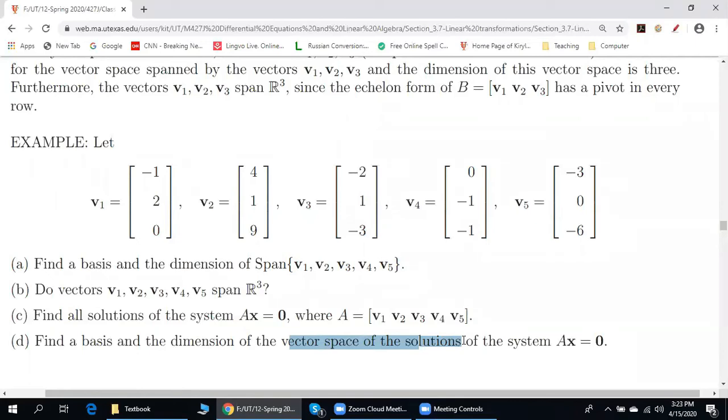How do we know when the dimension is equal to free variables and when it's equal to basic variables? You have to look at the question. Here we find a basis of span. Here we want to find a basis and dimension of the vector space of solutions. Does this answer your question? Yes, thank you.